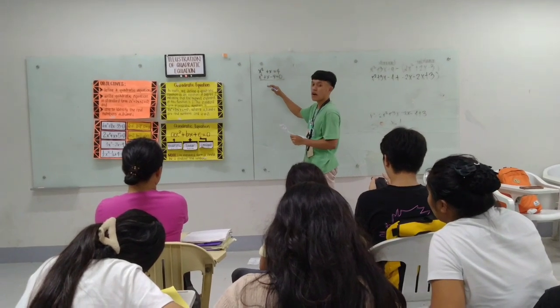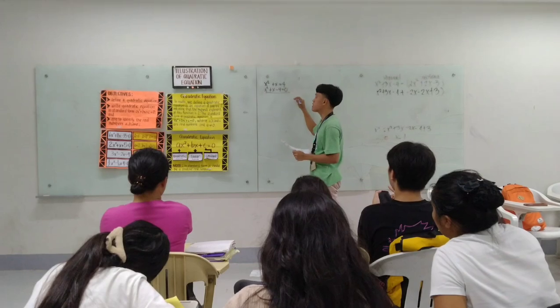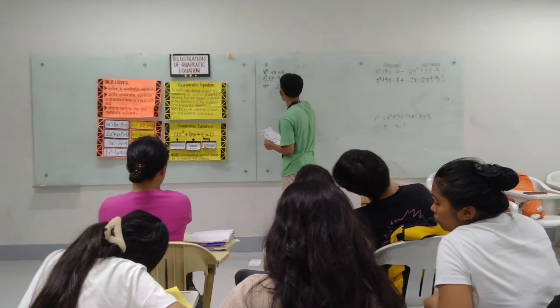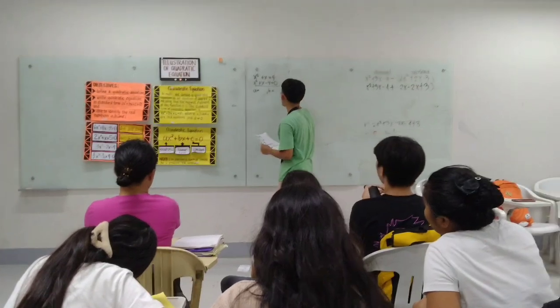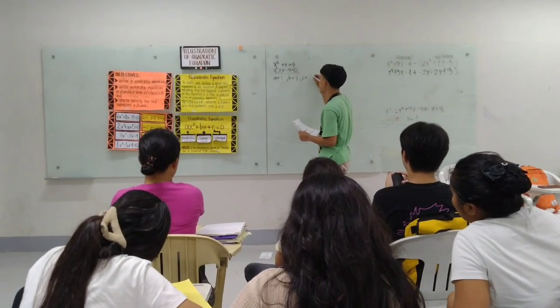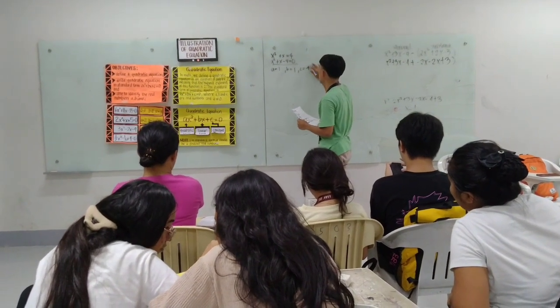We can now get the value of A, B, and C. So what is the value of our A here? A is 1, very good, and B is also 1, and our C is negative 4. Very good.